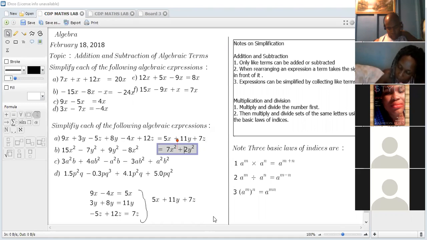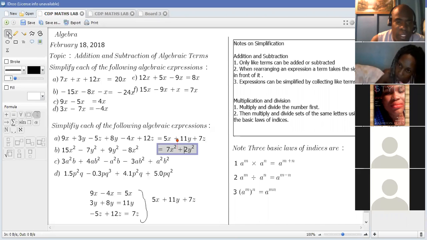So 3a squared b stands alone, if it stands alone. Hold on, are you asking if 3a squared b stands alone?